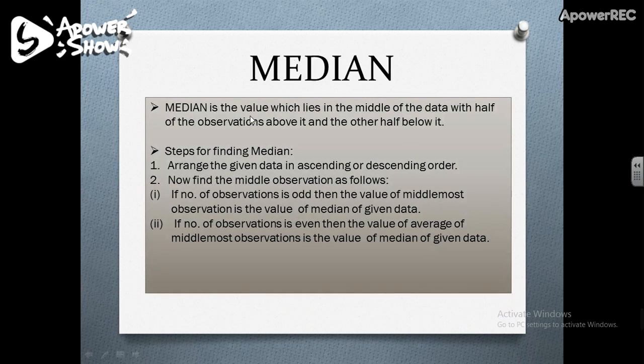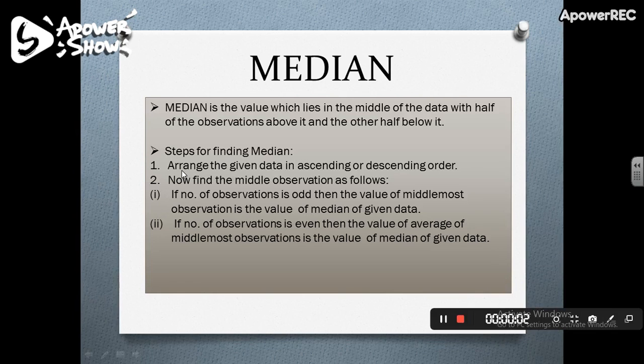Let's see what the median is and how we calculate the median of this given set of observations. The median is the value which lies in the middle of the data, with half of the observations above it and the other half below it. So how do we calculate the median?